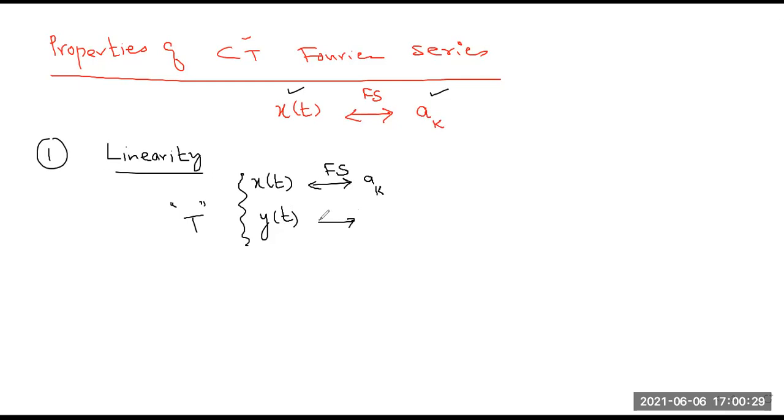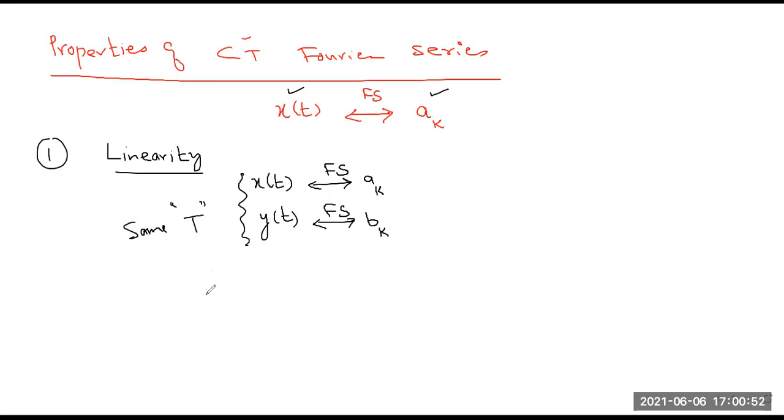And this signal y of t will have its own Fourier series pair, and let me represent that with b sub k. Now, if we make another signal that is a linear combination of x of t and y of t.